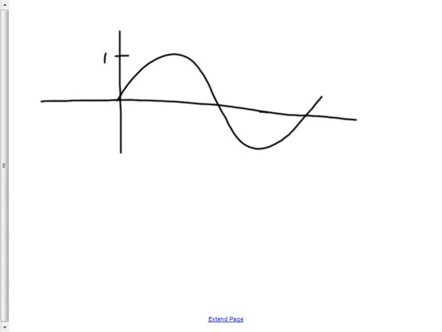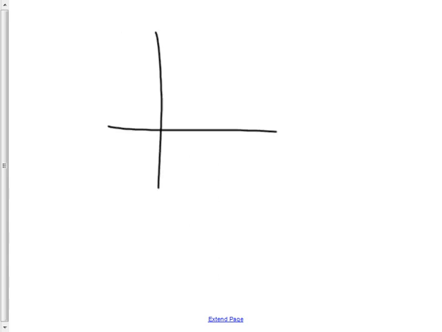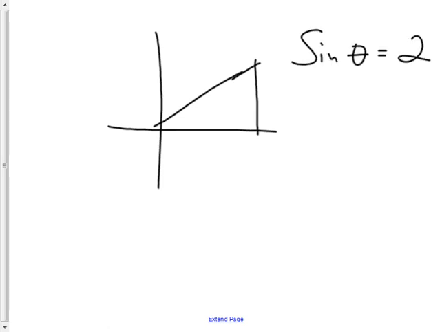Well, how about if we do it in the context of the triangles we were talking about there? Let's say I asked you sine of some angle is equal to 2. Do you get that I just told you the opposite side is 2, and the hypotenuse will be 1? Can you make a right triangle where the hypotenuse is the smallest side in the triangle?